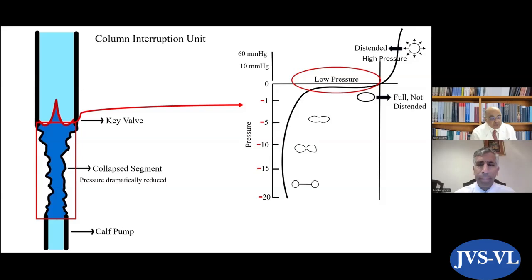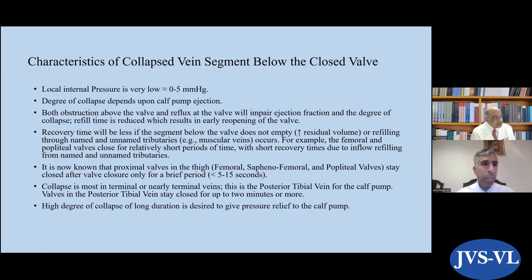But if you disregard the hydrostatic component, the local pressure will be somewhere around 0 to 10 millimeters of mercury. Let's go to that. Now, the local internal pressure, if the vein is completely collapsed, is 0 to 5 millimeters of mercury.